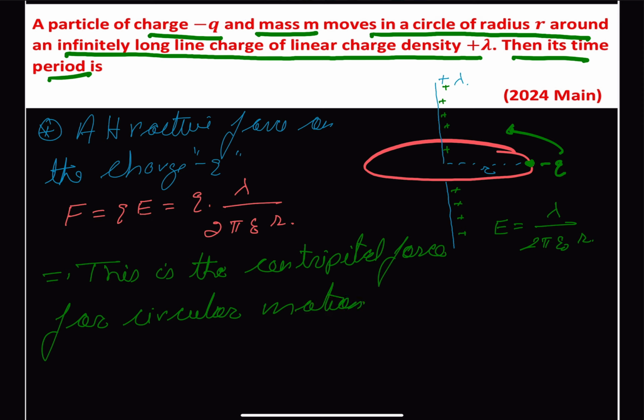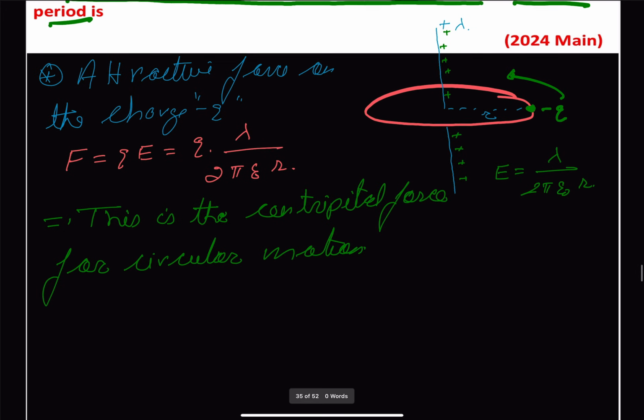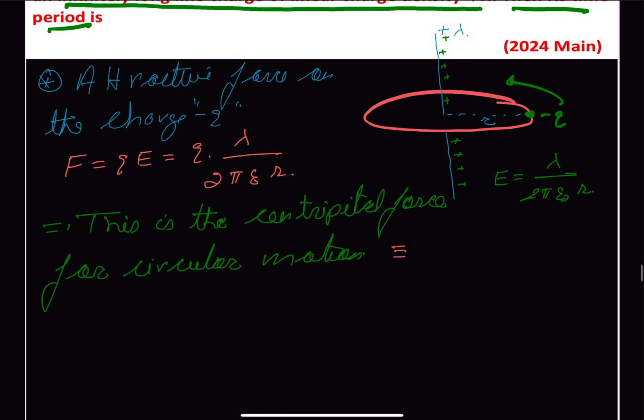And centripetal force we also know is given by the formula, that is our F is equal to mv square upon r.